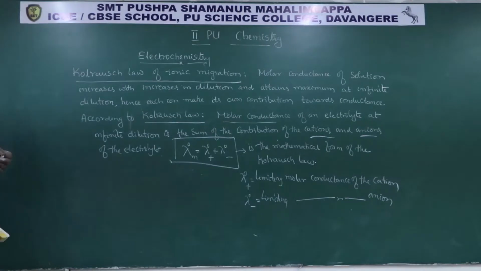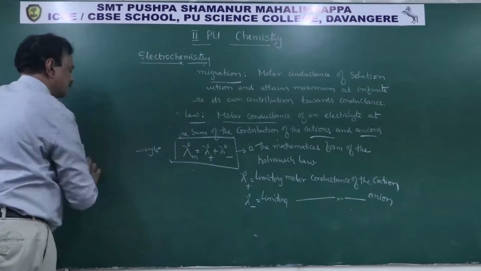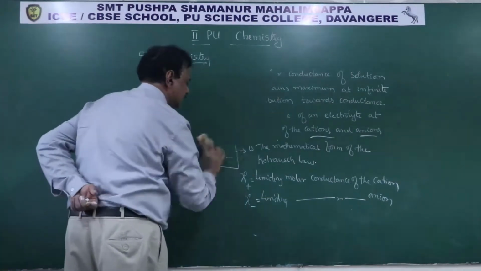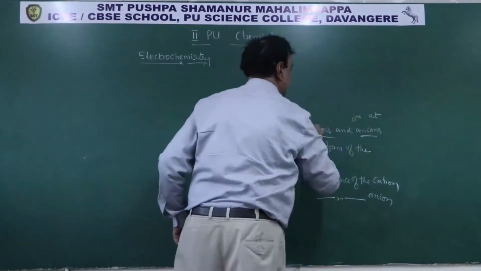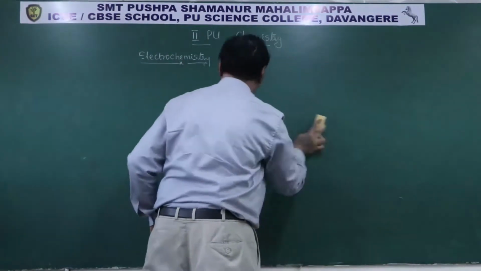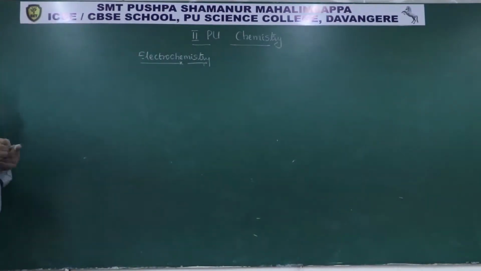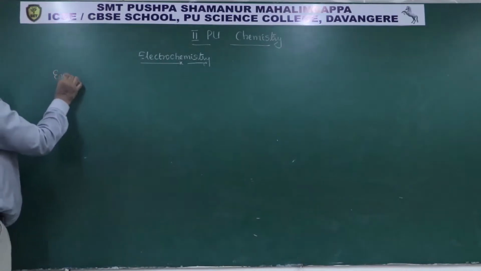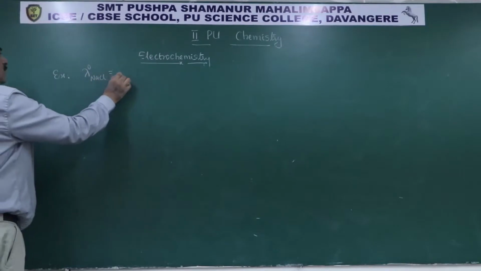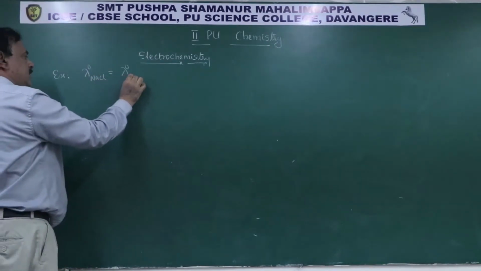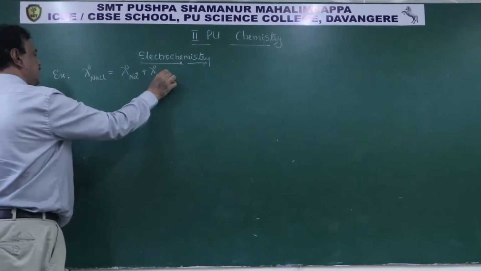For example, lambda naught of NaCl is equal to lambda naught of Na plus plus lambda naught of Cl minus.